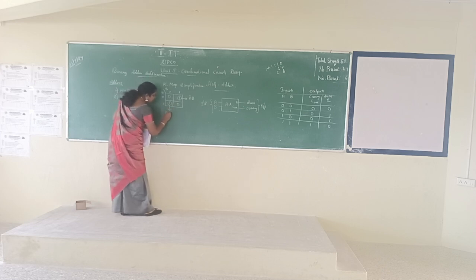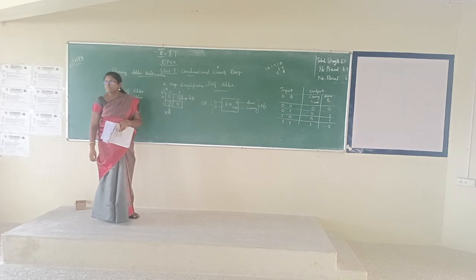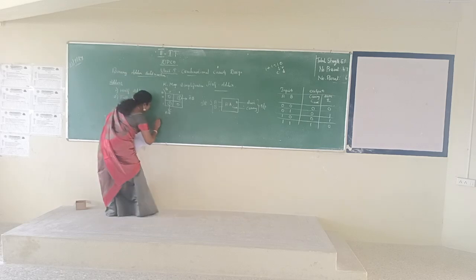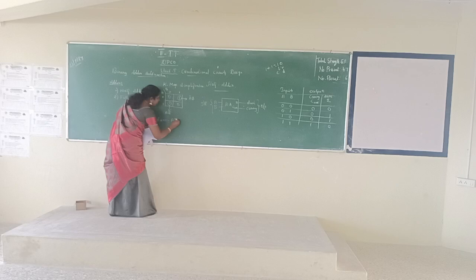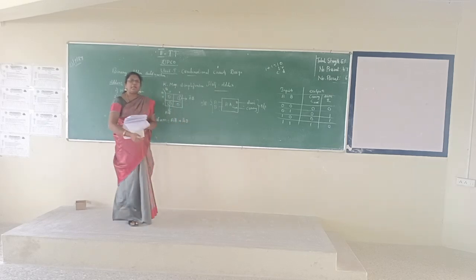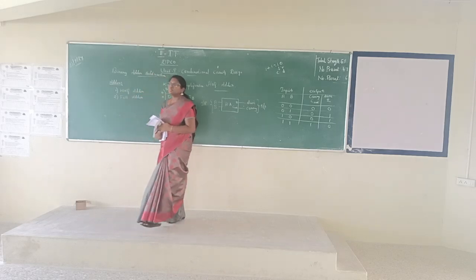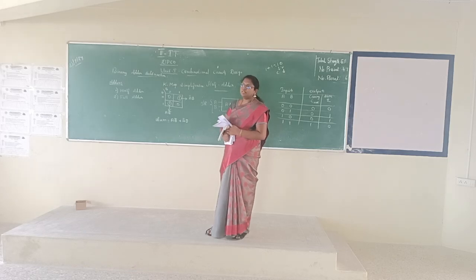And the other grouping is A B bar. So what's A B bar plus A bar B? XOR.